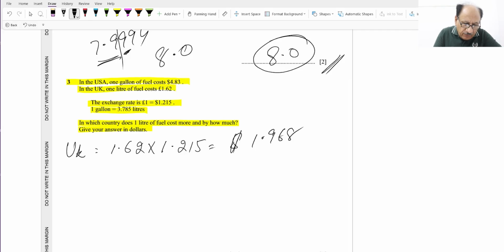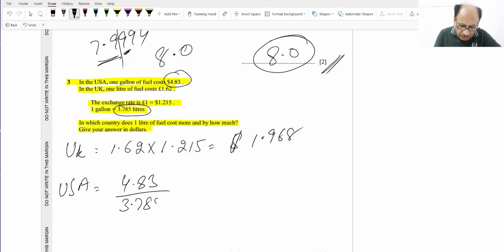Then we will have to calculate for the USA also, and the USA cost is for a gallon, so 4.83, and we will divide it by the gallon conversion, which is 3.785.